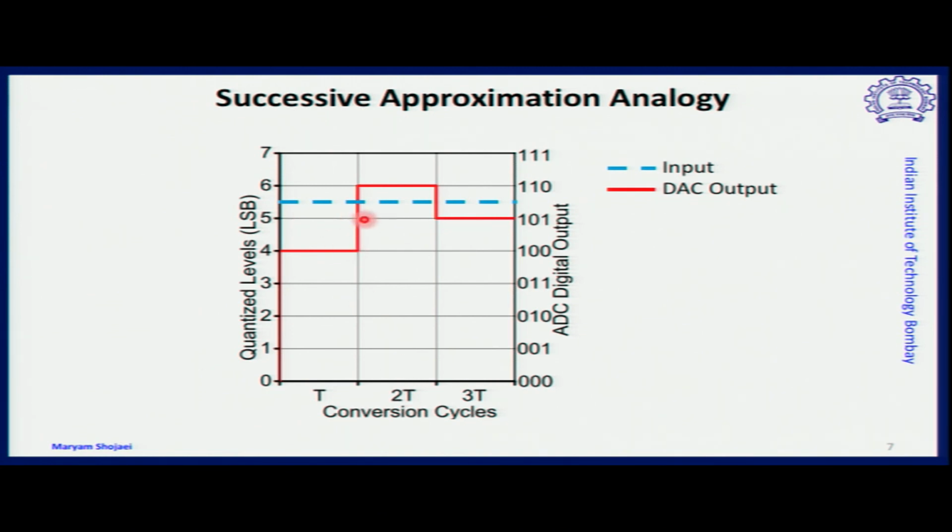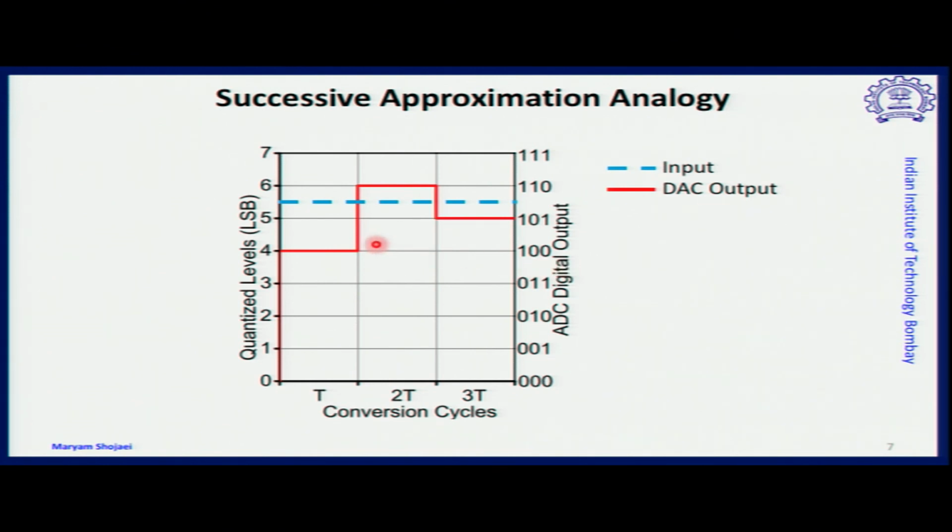So here the input voltage is shown at some arbitrary level between 5 and 6 LSB with a dotted blue line, and the DAC output, which tries to reach the input, is shown in red. As you know, the process starts with the first code, which has MSB 1 and all other bits 0.